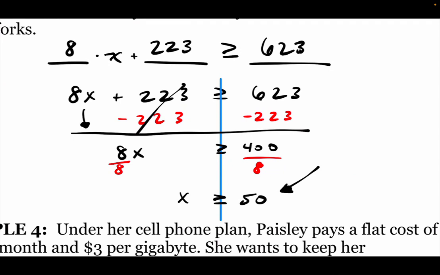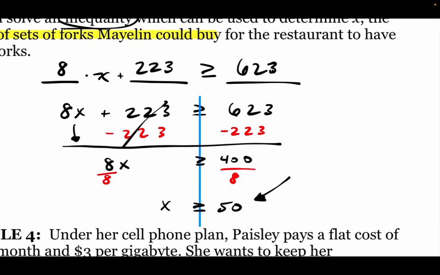Okay, so this one especially we need to explain because a lot of people don't know what that symbol is. And like you guys do because we're learning about it, but most people out there don't know what that symbol is. So what does it mean in plain English? What does that symbol mean? What does the 50 mean? What's your name? Maylin? Maylin should buy at least 50 sets of 8 forks.